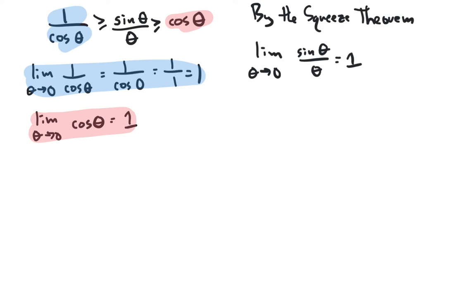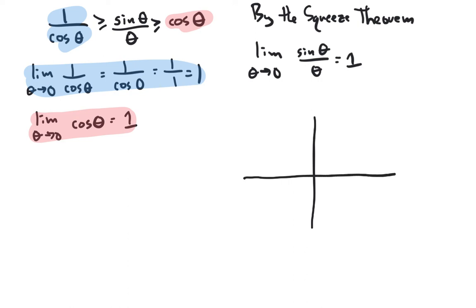Well, what does it mean when you divide two things and you get 1? It means that the two things you're dividing must be the same. So what this is saying is that near 0, sine theta and theta, the functions f of x equals sine x and the function f of x equals x, behave the same way. So you can kind of see that in the graph of sine theta. If I graphed sine theta, I'm just going to sketch it.